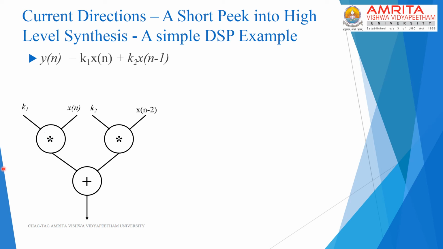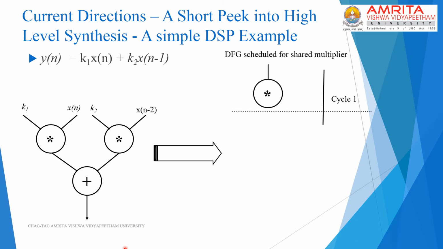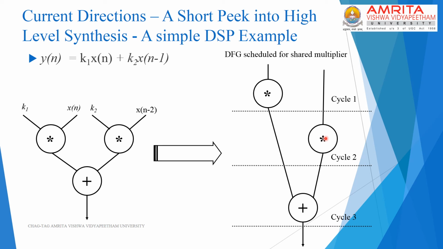Therefore, if we are constrained at using just a single multiplier and a single adder, then we need to redefine this data flow graph in such a way that only a single multiplier is used.